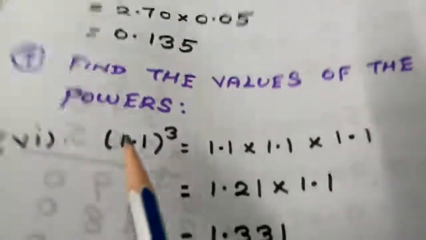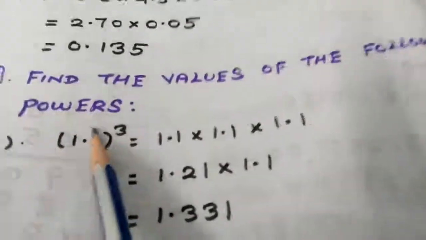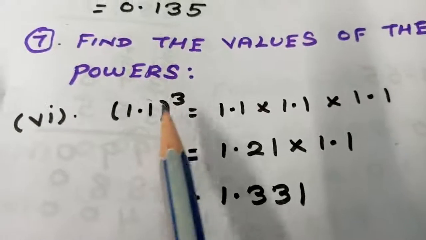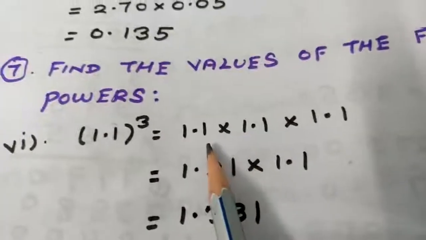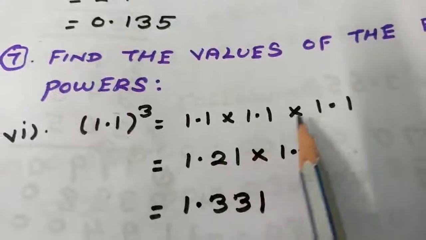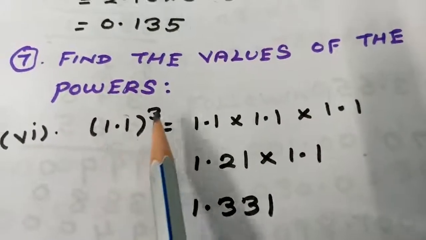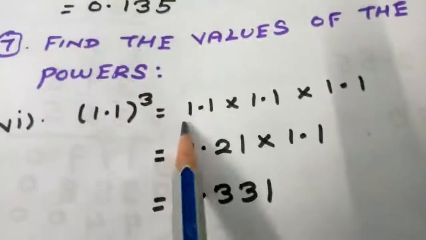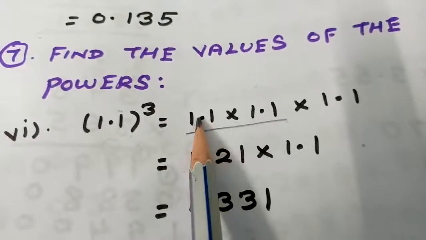Coming to the 7th question, find the value of the following powers. So if you see here, 1.1 whole to the power 3 can be written as 1.1 into 1.1 into 1.1. So 1.1 into 1.1 is nothing but 11.